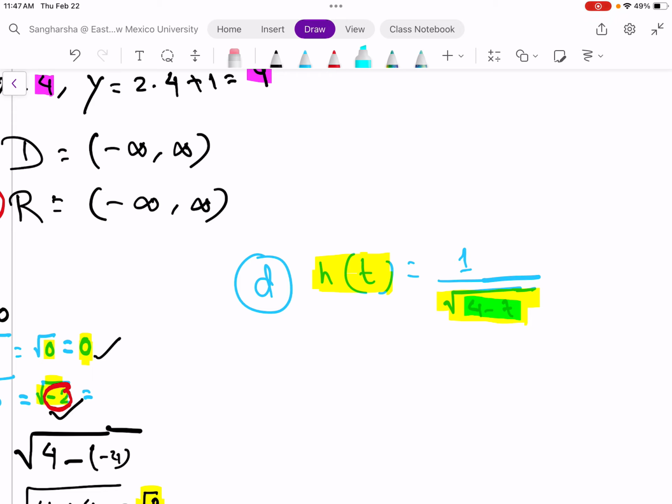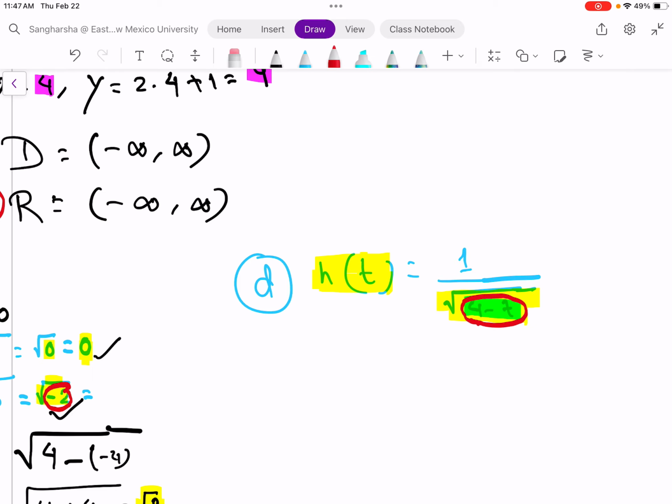So what about 5? Can we choose t equals 5? If t is 5, then we have 4 minus 5, square root of minus 1, which is not real. So we can't have this. The number under the radical has to be greater than or equal to 0.